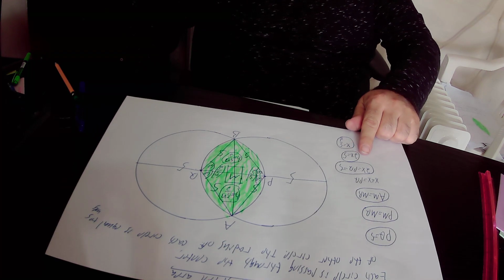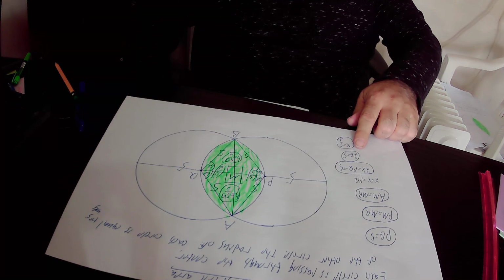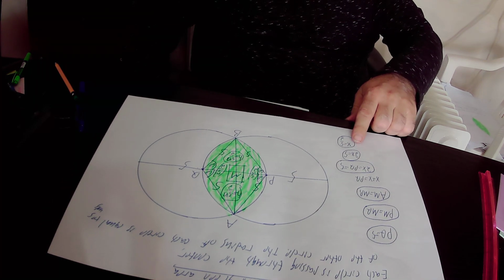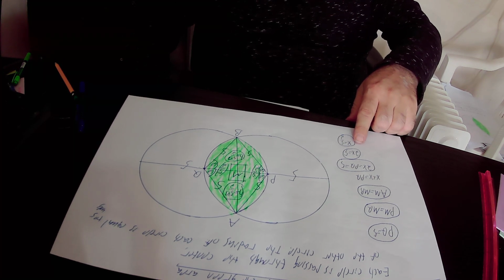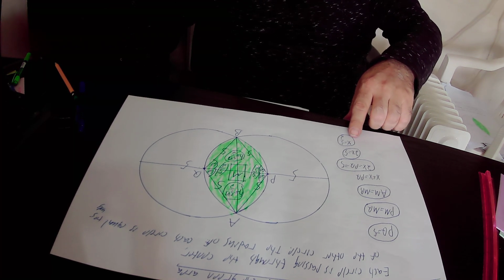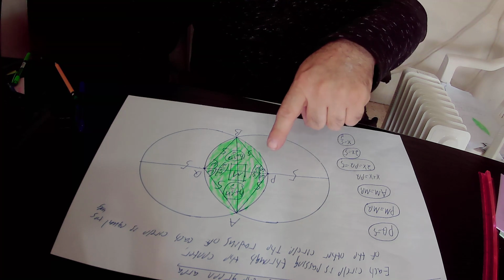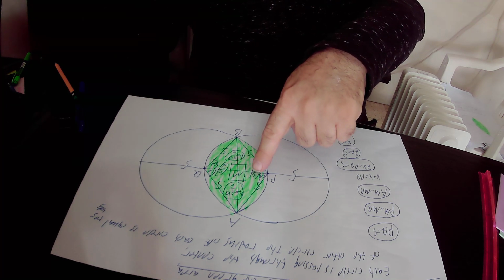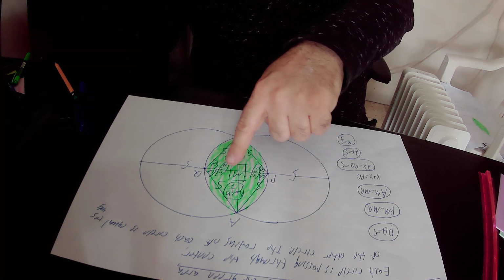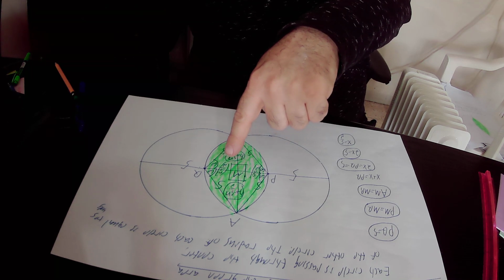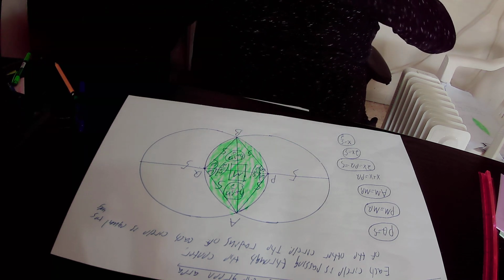From this equation, 2x equals 5. Here we divide by 2, and we get that x equals 5 over 2. So x, that is PM, equals 5 over 2, and x, that is MQ, also equals 5 over 2.